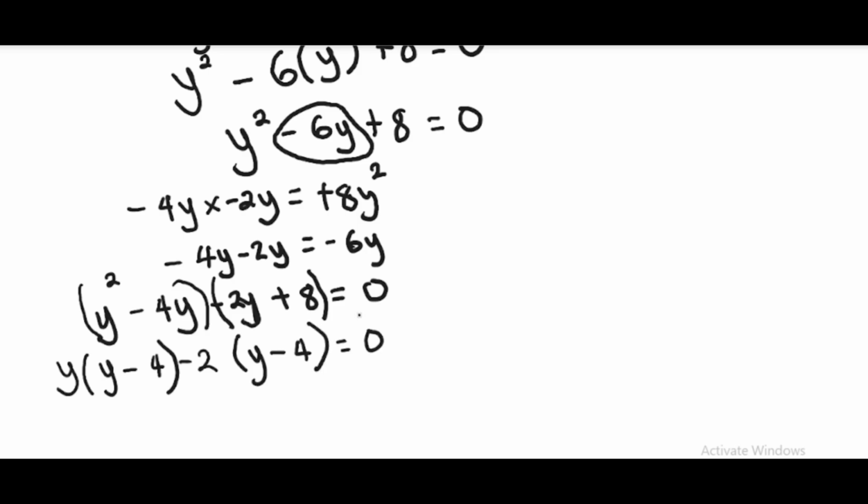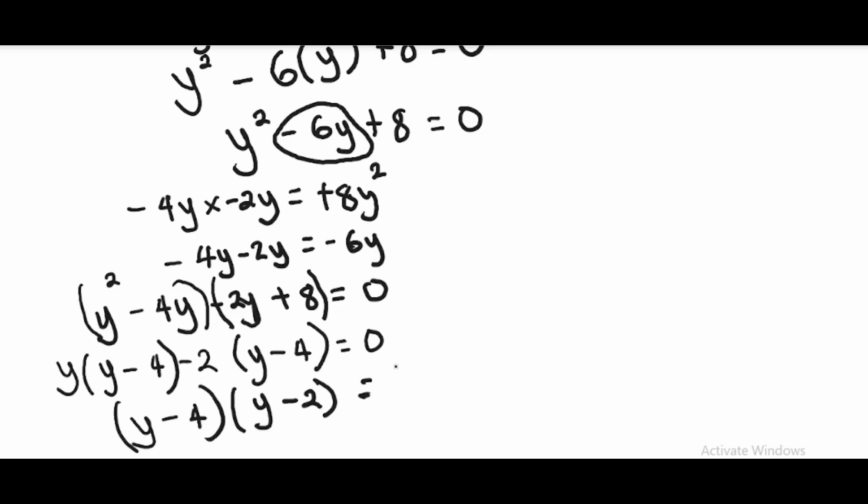So what is common here? Y minus 4 is common here and here. So we pick it out, y minus 4. When we pick out y minus 4, what is left? We throw what is left in another bracket, and that is y minus 2. And then we equate to 0.